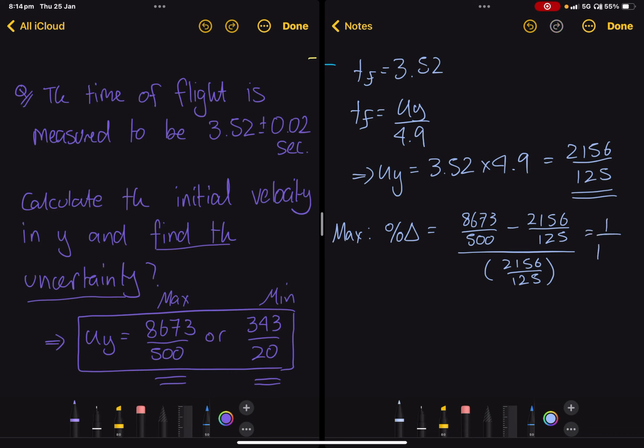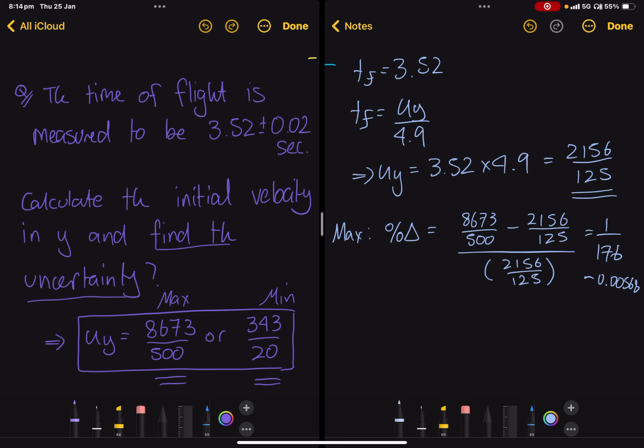So this is 1 on 176, which if we convert to a decimal is about 0.000568.